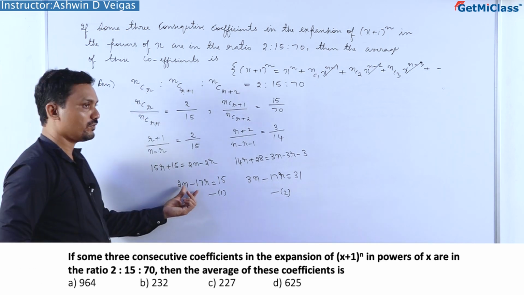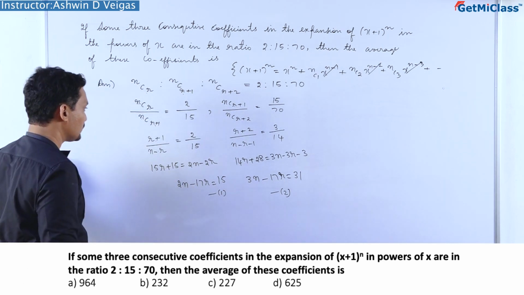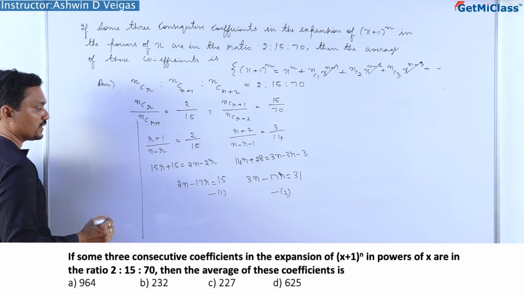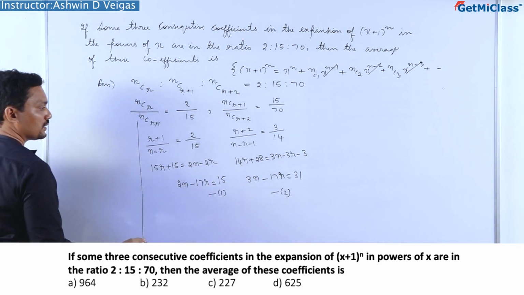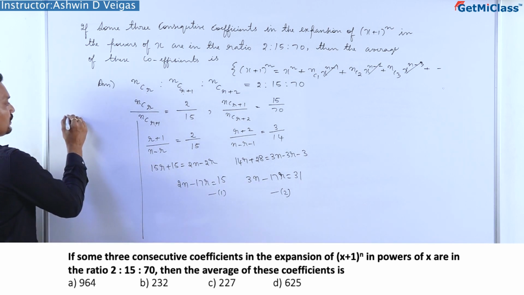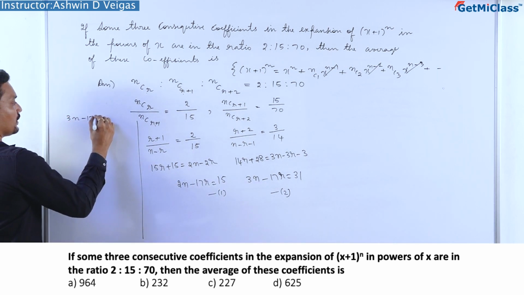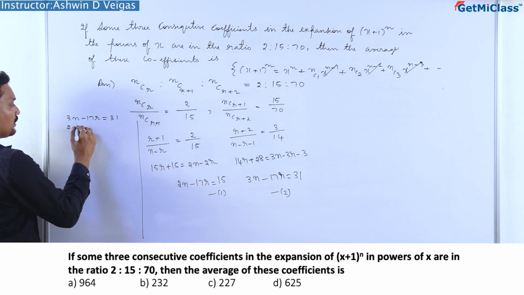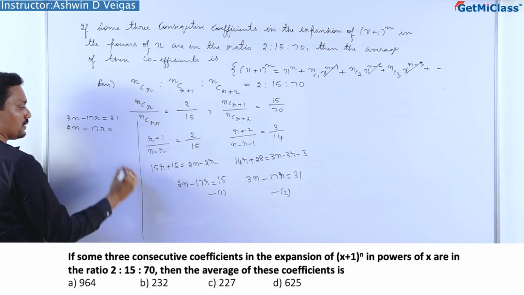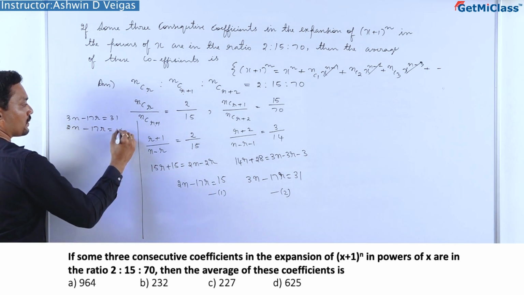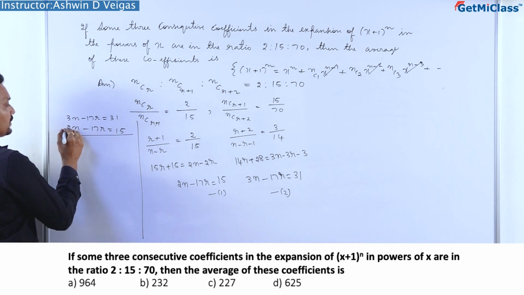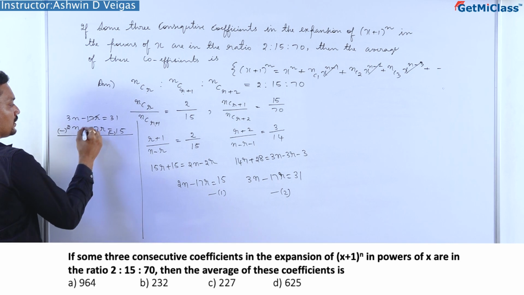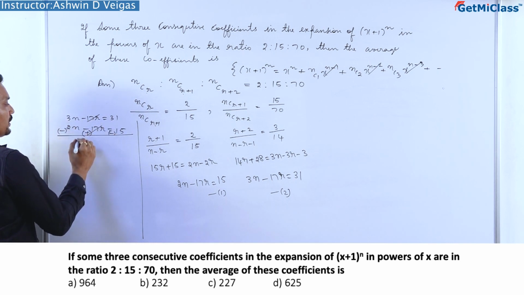Now, we will try to solve these two equations. I will write one below the other: 3n - 17r = 31 and 2n - 17r = 15. Let us change the sign, that will subtract. This will get cancelled, 3n - 2n.